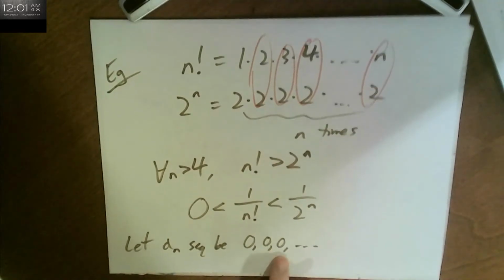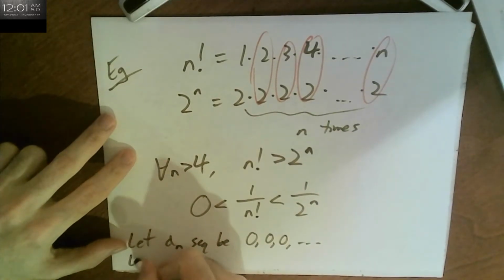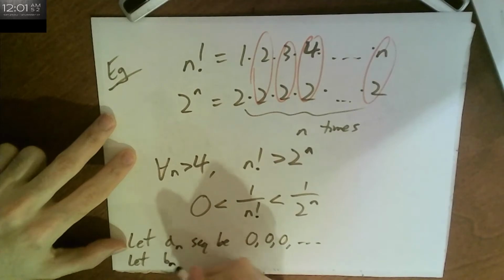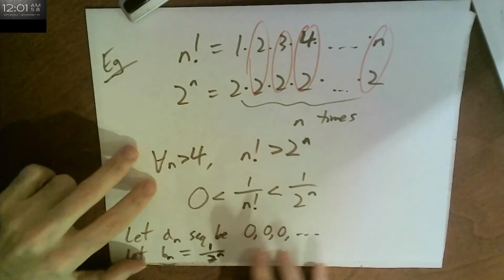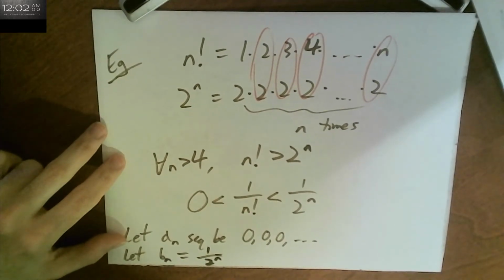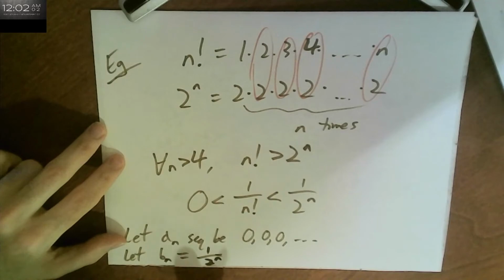A1 is 0, A2 is 0, A3 is 0. Let the bn sequence be 1 over 2 to the n. Which is to say, starting at 1, a half, then a fourth, then an eighth, then a 16th.